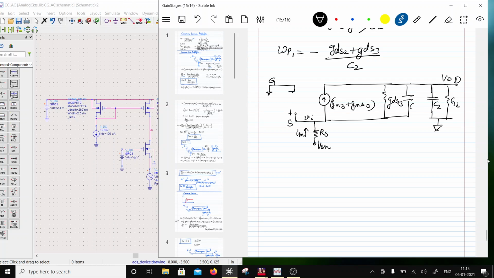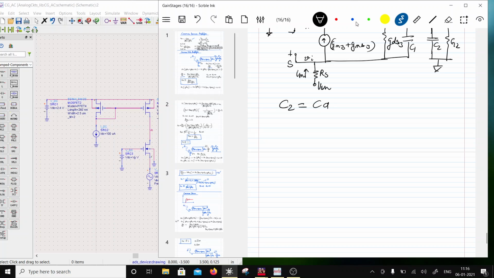This is CGD1. Okay, so now let's see what happens. Now C2 would be equal to C. Okay, so CGD is over here, right? Sorry about this. The CGD is over here, so let me draw it dotted. Anyways, one terminal is grounded, then this CGD3 is accounted in C2. So C2 will be equal to CGD3 plus CL.